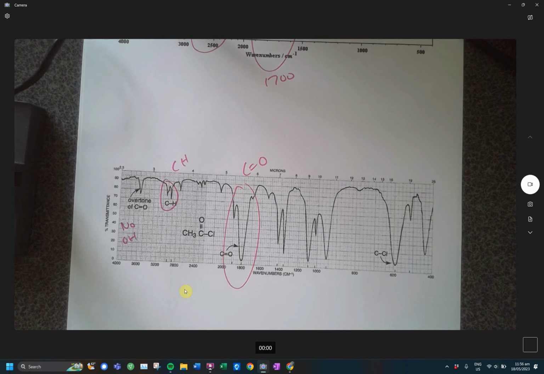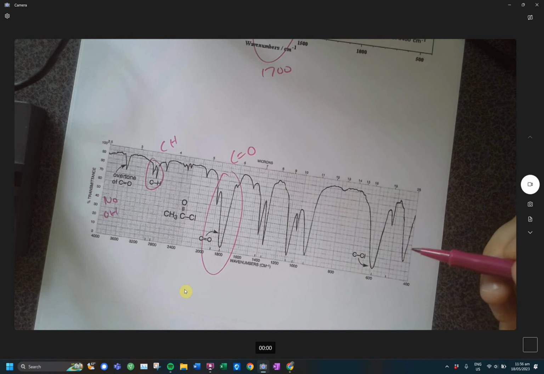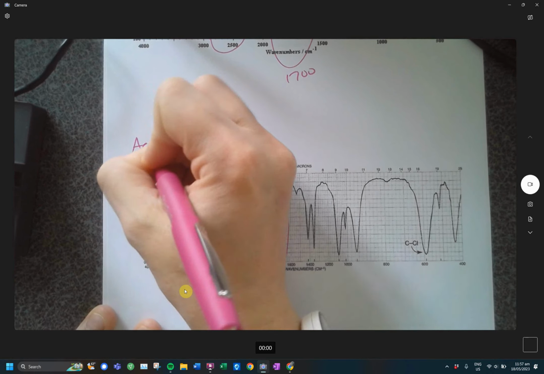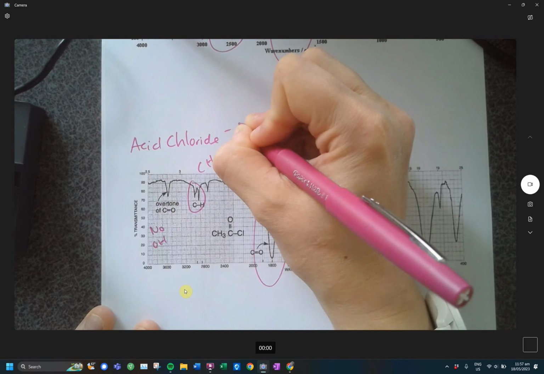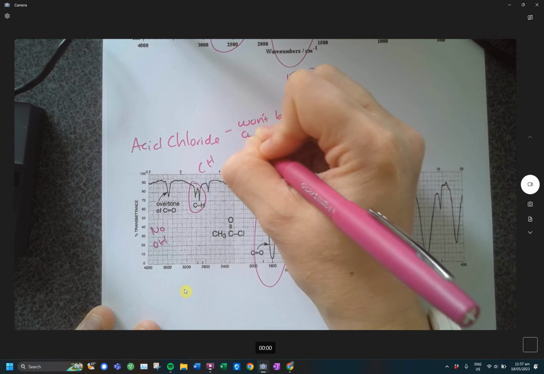So that tells me not carboxylic acid. This one here does have a carbon chloride peak, but again, it's in that fingerprint region, which would be hard to see. So I wouldn't assess this one, but just so you guys know that that's an acid chloride, if you guys are wondering. It'd be too hard.